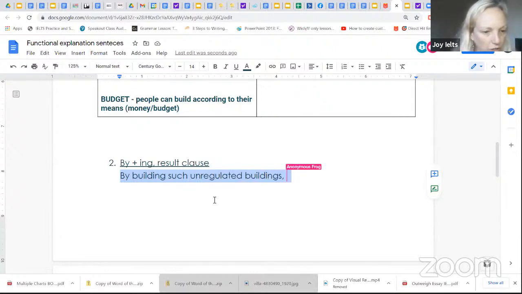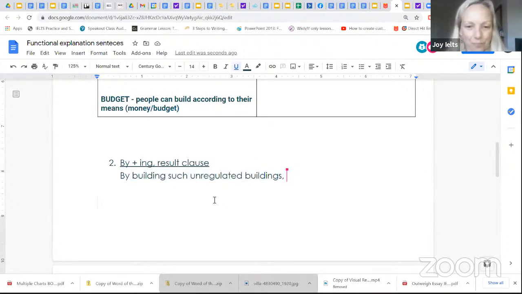Without building regulations, we couldn't help if issue arises in future from authorities. So Mitu, we're going to look at the structure. You want the comma after the without a noun. Without building regulations, comma, we will not be able to get help by building such unregulated buildings. Good.